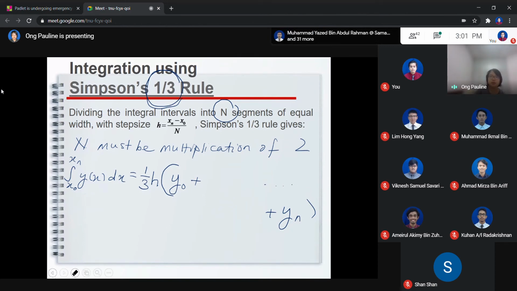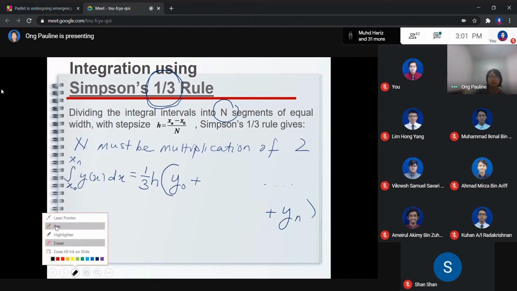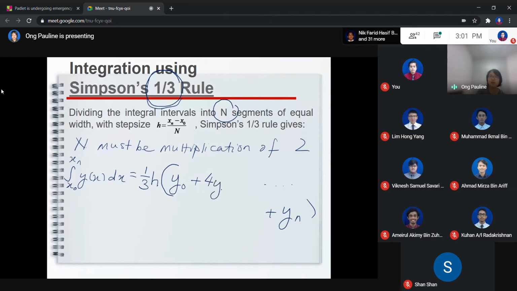So I will have 4y1 plus 2y2 plus 4y3 plus 2y4 plus, until the second last and the third last terms.